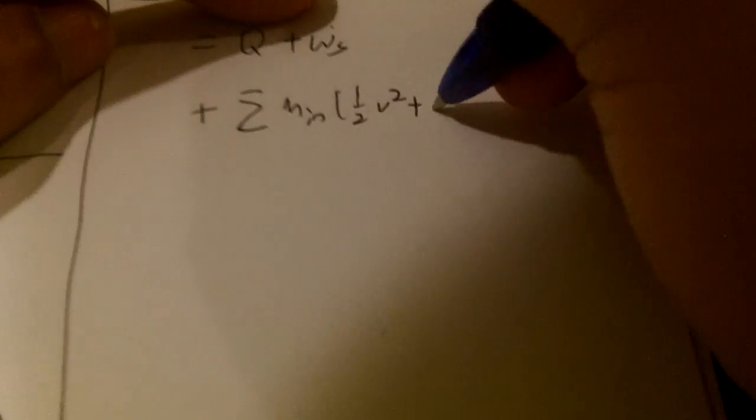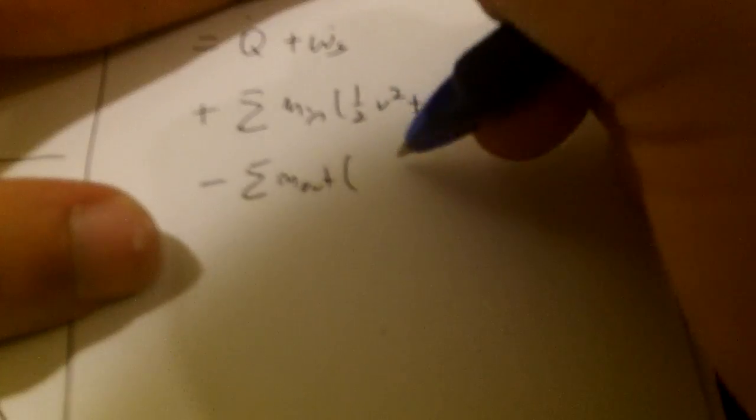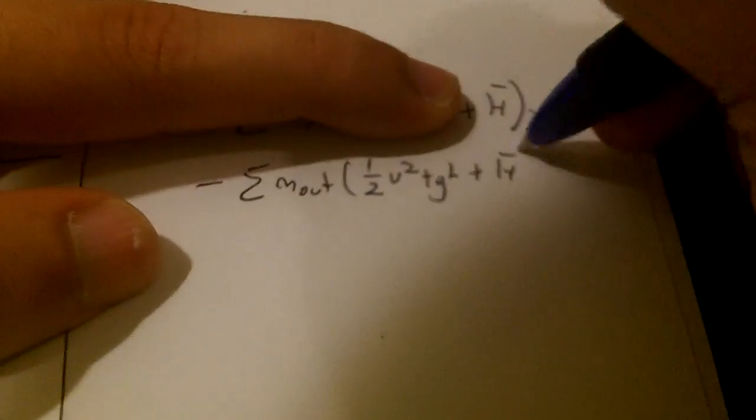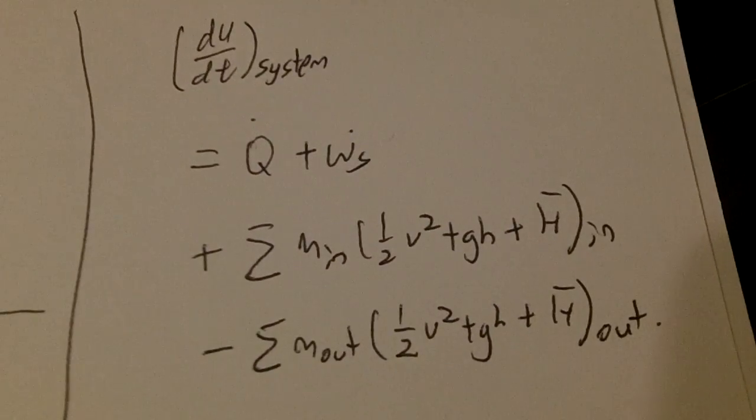You actually have to assume a few things here when you want to do Q equals delta H. So let's write our energy balance equation again. Now this is an energy balance equation you can use for most systems.